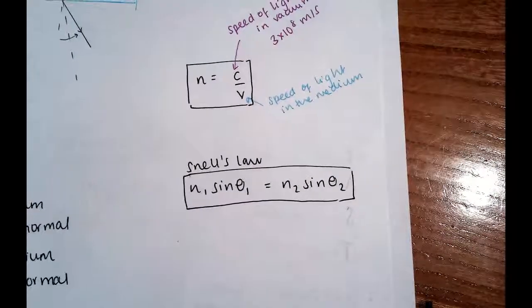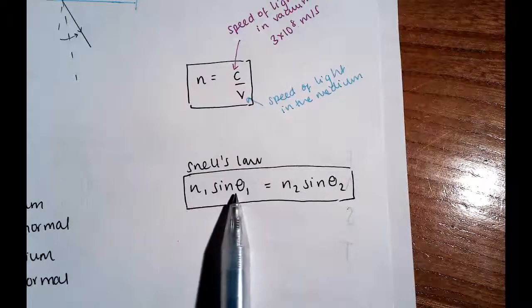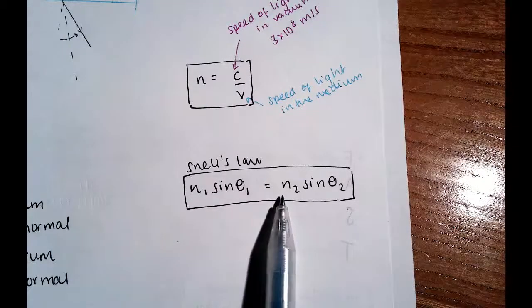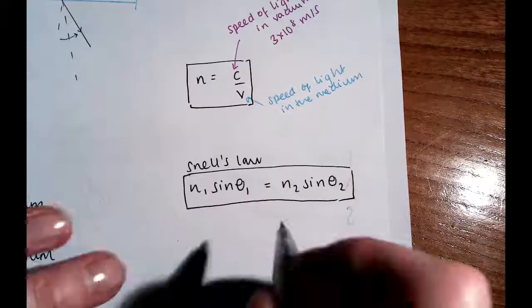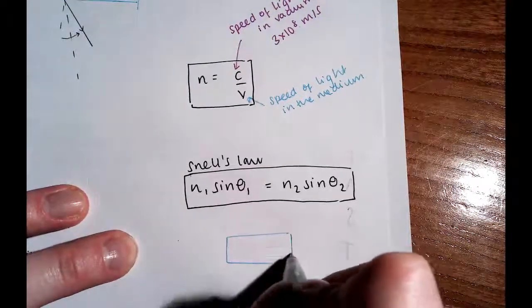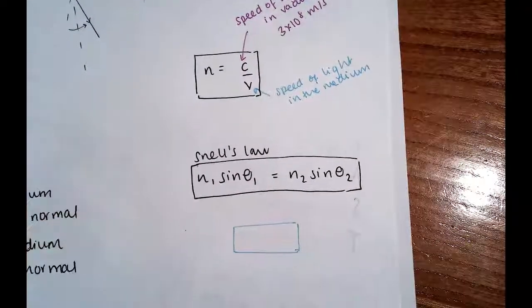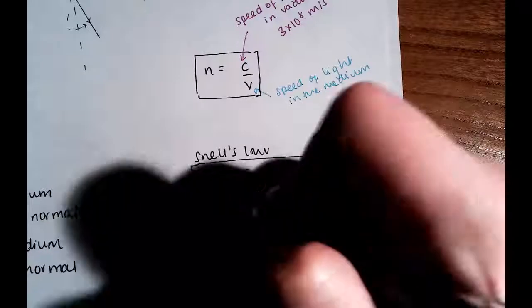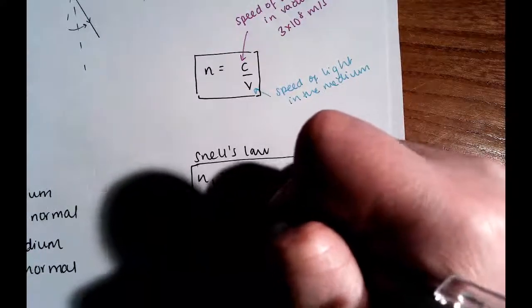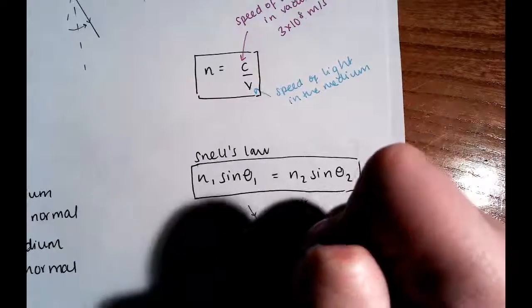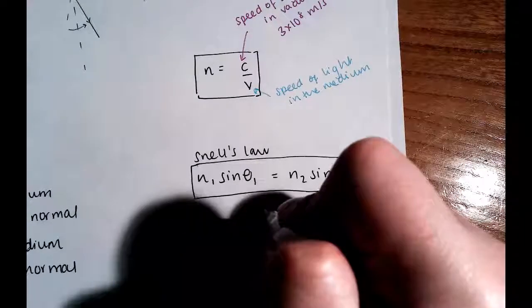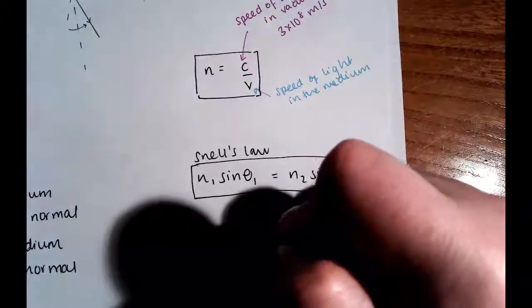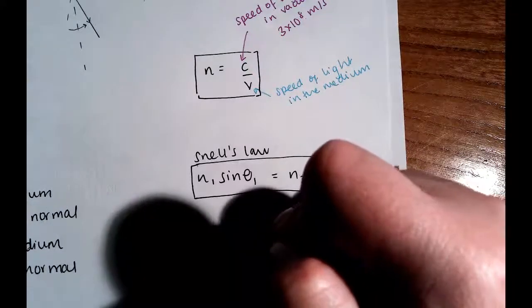And the second one is Snell's law, okay, which is N1 sine theta 1 equals N2 sine theta 2. So if I have a little glass block, and I have a light ray that's travelling through, let's call this air, I'll put a G for glass, and I know that it travels in here.